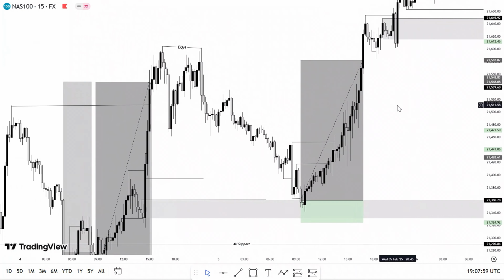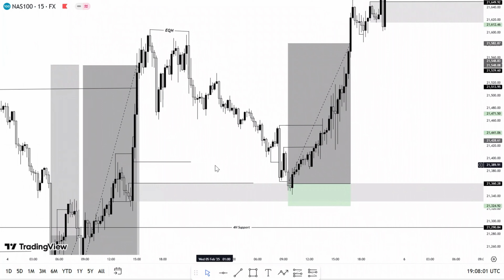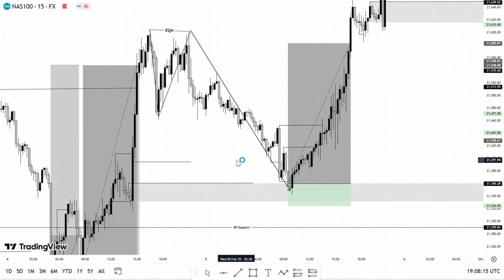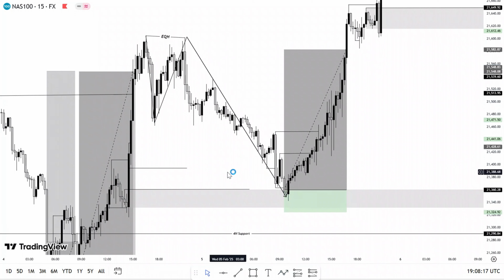Now, if you observe, before the market got to my point of interest, the market actually created an equal high or double top, whichever you want to call it, before actually getting to my point of interest, right? Now, just like I said in the downtrend illustration, the market did not just come straight to my point of interest.